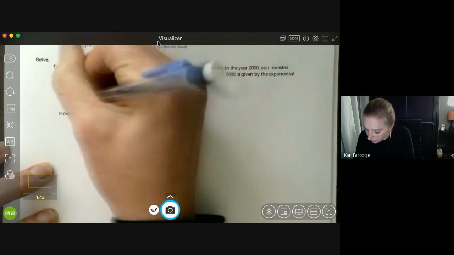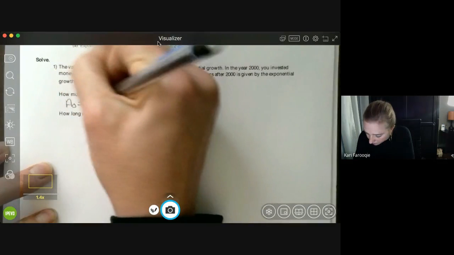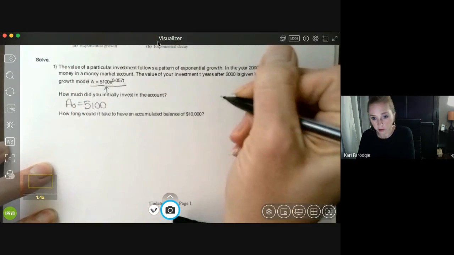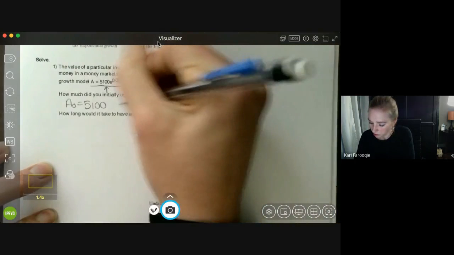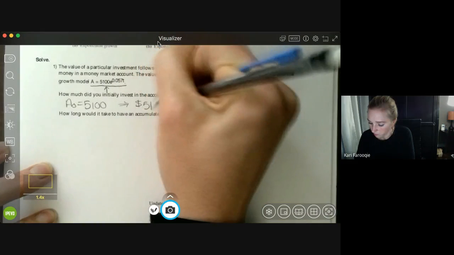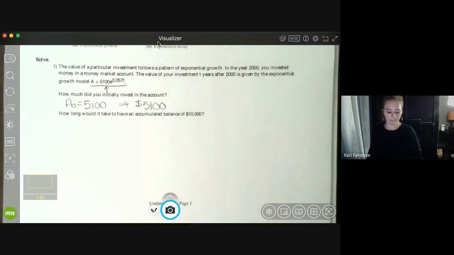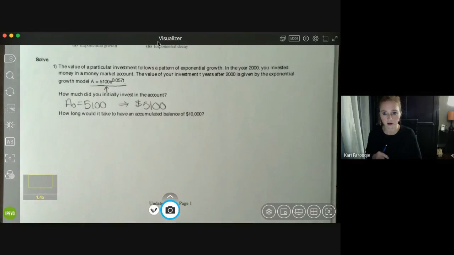So that means that A sub naught equals 5,100. So it must be the case that the initial investment is $5,100. So for that, don't make it harder than it has to be. The initial amount is always just going to be this constant in front of the exponential expression for your growth function.